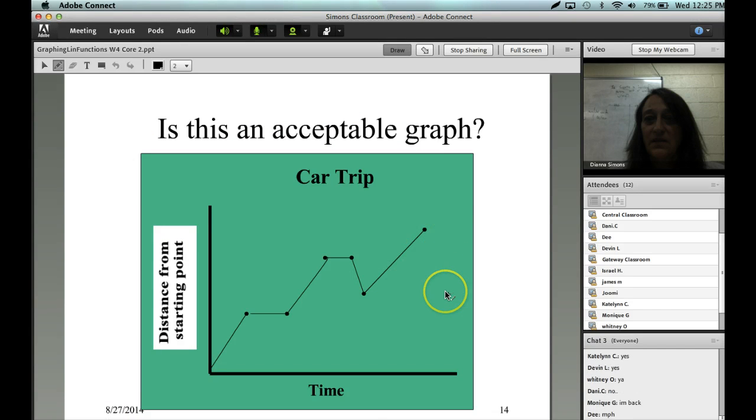So, is this an acceptable graph? Look at the information. Yes, no? What is it? The lines are straight. Okay, is this an acceptable graph? Why not, Dee?